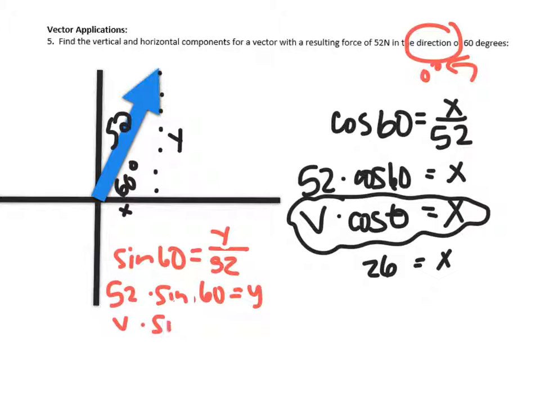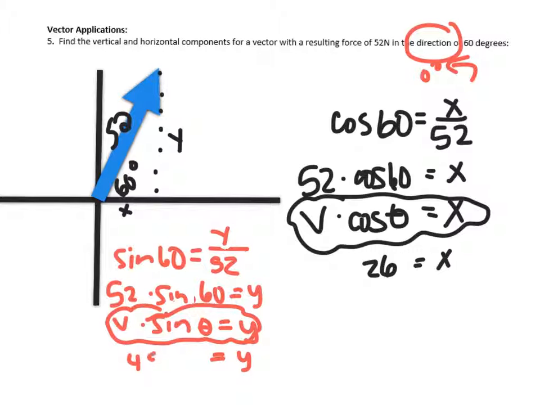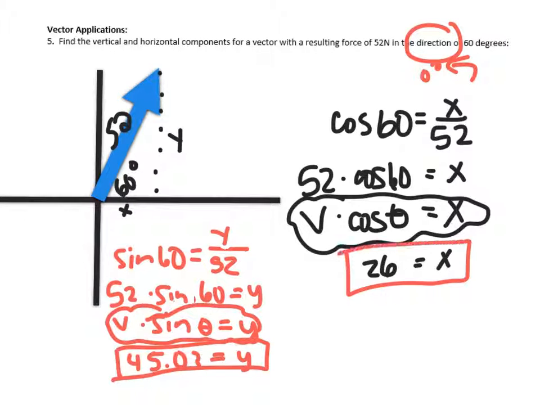So my vector times sine of my angle is my y. And if I plug 52 times sine of 60 in the calculator, we're going to get 45.03. And those are my vertical and horizontal components.